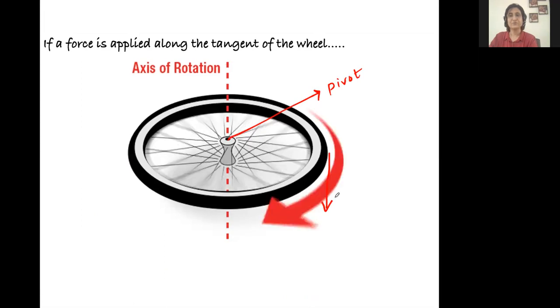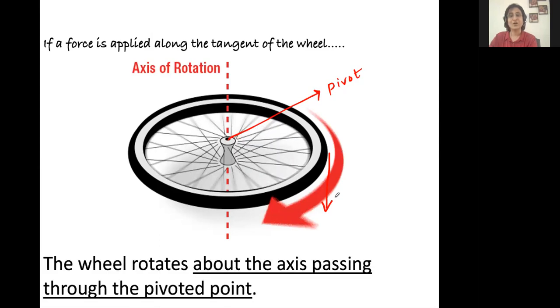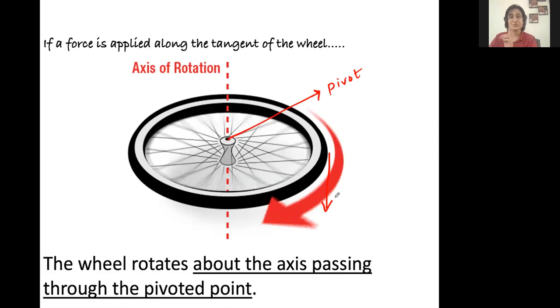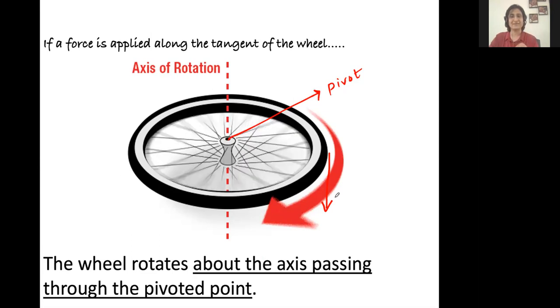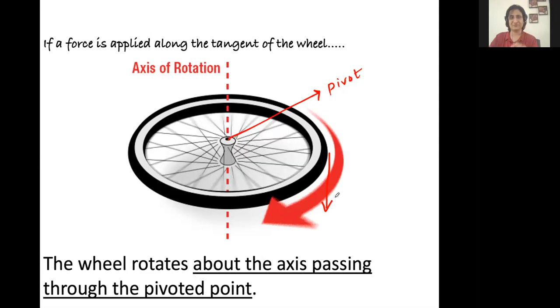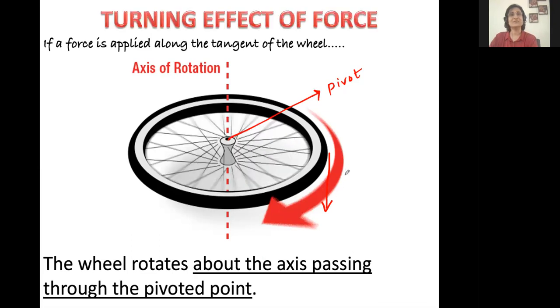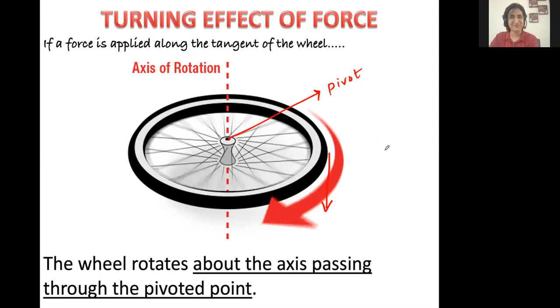What happens? The wheel starts rotating. So again, this is rotational motion, and this rotation is happening about the axis. And the axis is passing through the pivot of that wheel. So this is what we know as the turning effect of force.